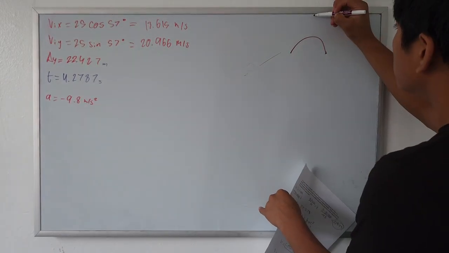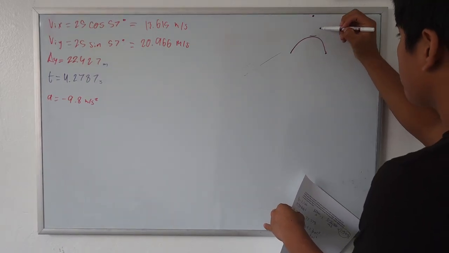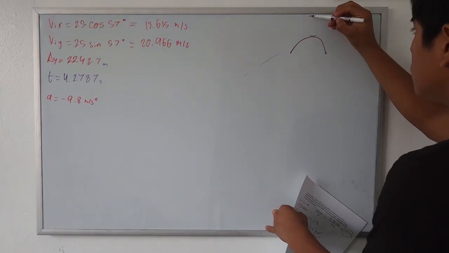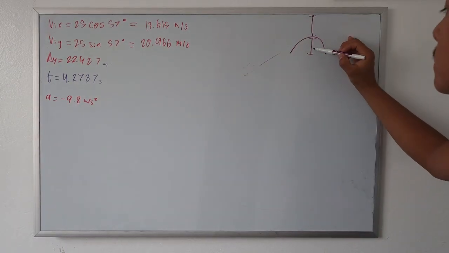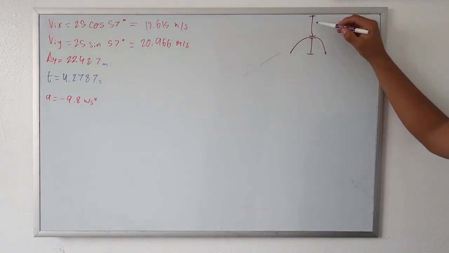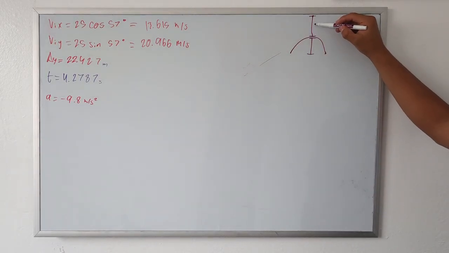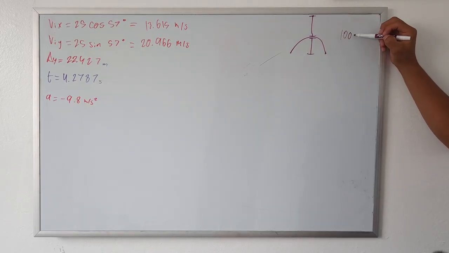And then we have another one that's going to be dropped directly above this one's maximum height. That's some height right there, and then that's another height. And then we know this one is equal to 22.427, and we don't know this height. But we do know that these two heights combined is 100 meters.